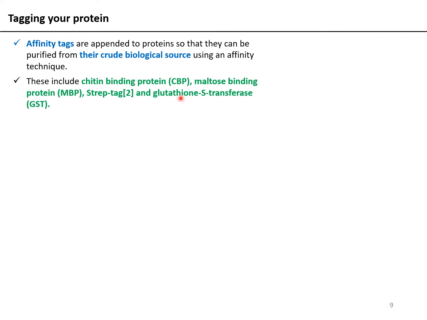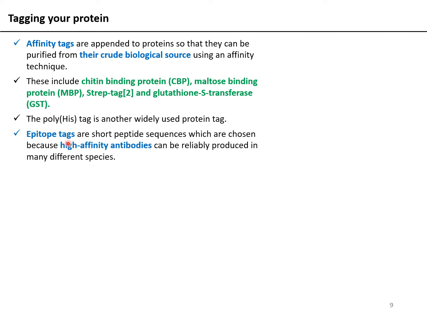Commonly used tags include the chitin binding protein, maltose binding protein, strep tag, and glutathione S transferase or GST. The polyhistidine tag that we discussed is another widely used protein tag.